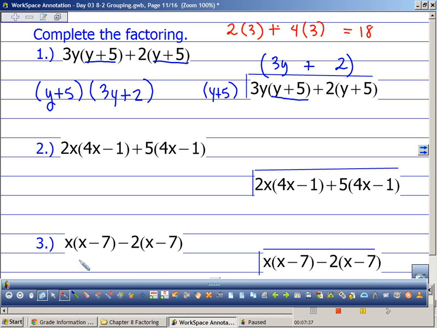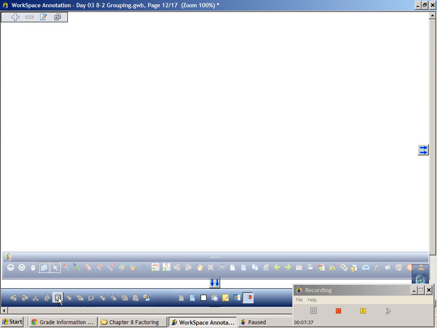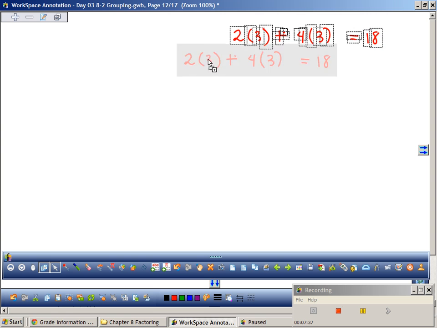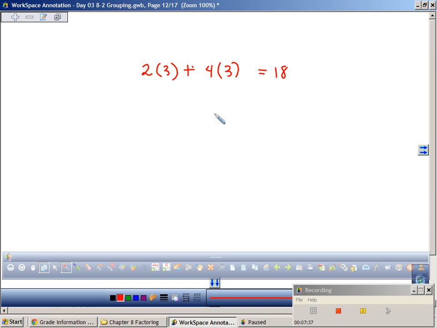Well, let me take this and copy it to another page. What do these two have in common? Randy, what do these two have in common? They're both being multiplied by 3.